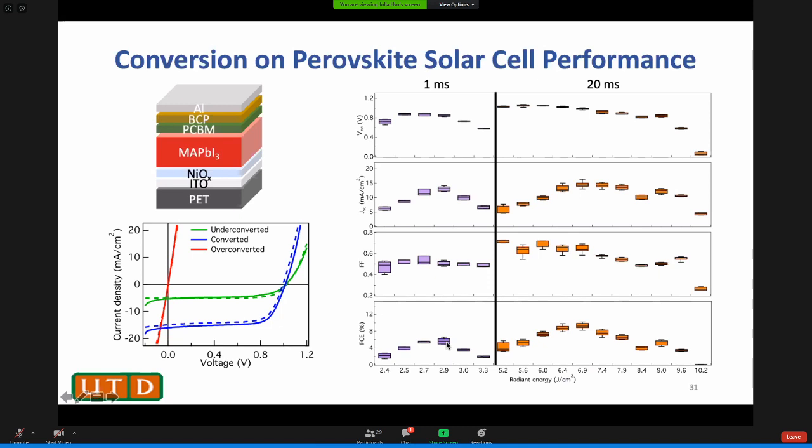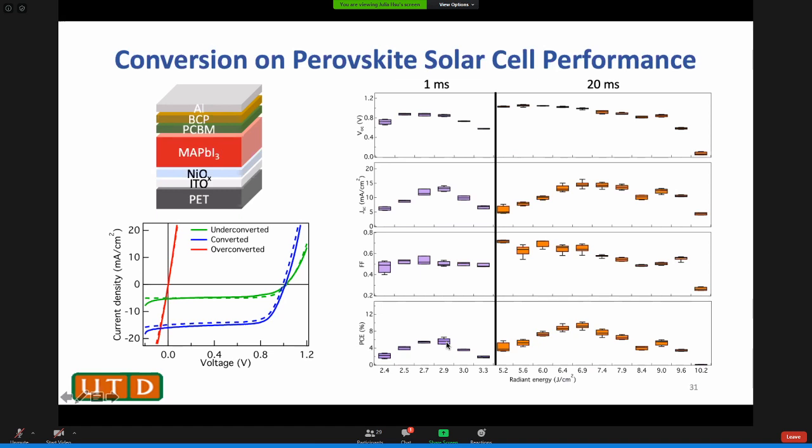That's because at 1 millisecond, we went to a much higher temperature to get all the reaction to happen in 1 millisecond. So gases come out, and it makes a porous film. Then this is comparing to thermal annealing.